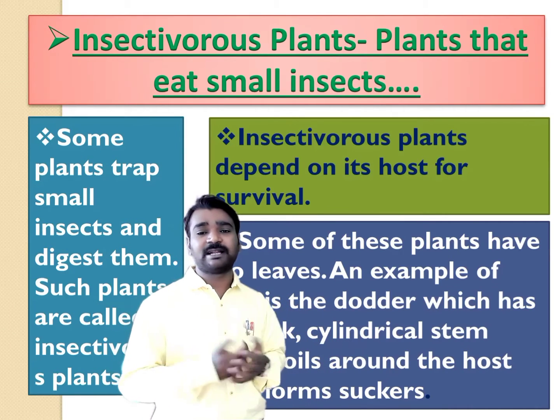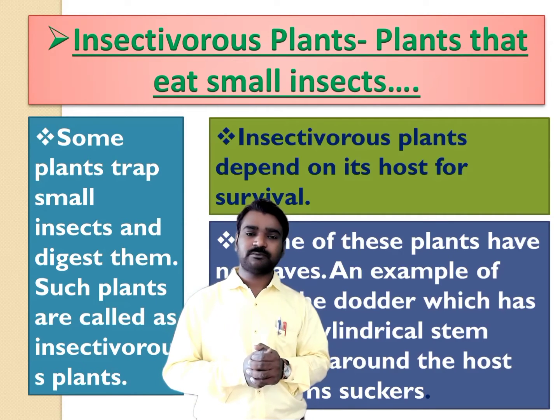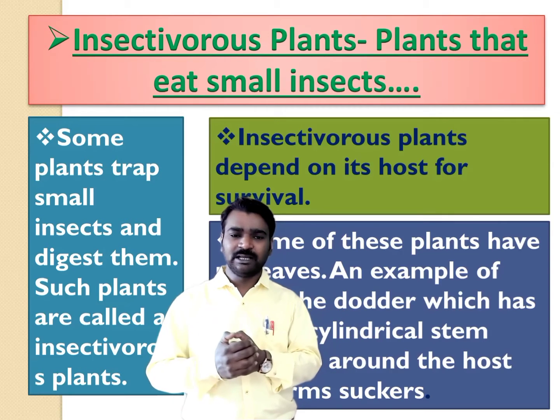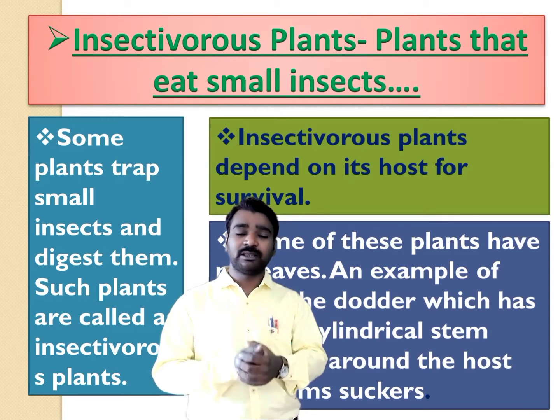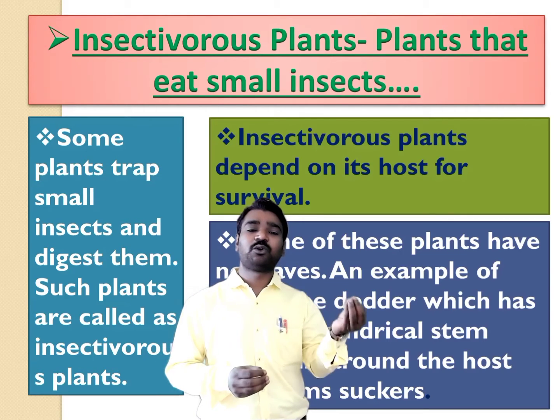An insectivorous plant depends on its host for survival. As they get their nutrition from the insects, they depend on the insects for their survival. So these insects are the host for them.